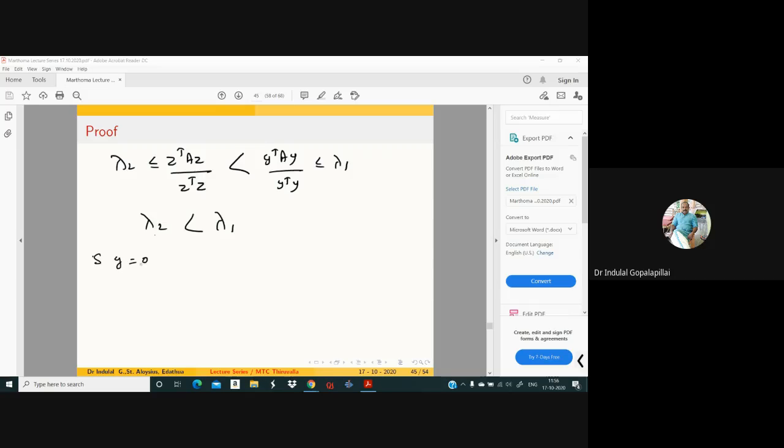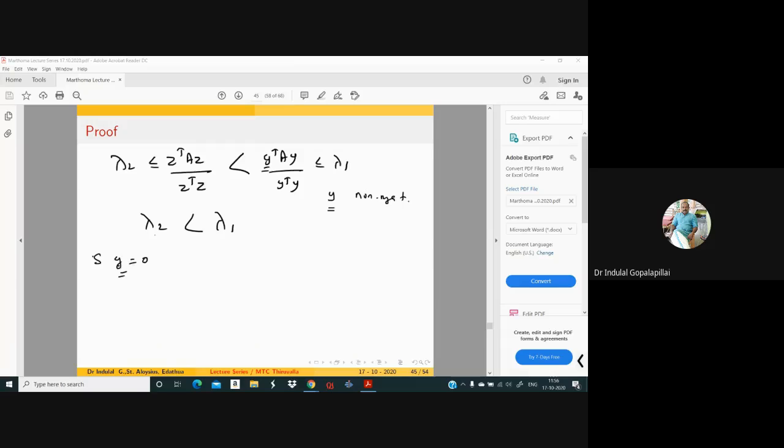If some entries of Y equal 0, we already proved that such a vector cannot be an eigenvector corresponding to an eigenvalue. No entry is equal to 0, because this is a positive vector. This Y is a non-negative vector. If this is to be an eigenvector of an eigenvalue, it should be strictly positive.